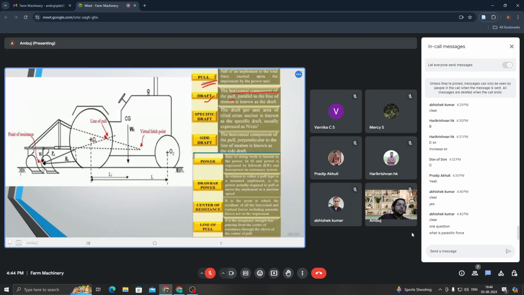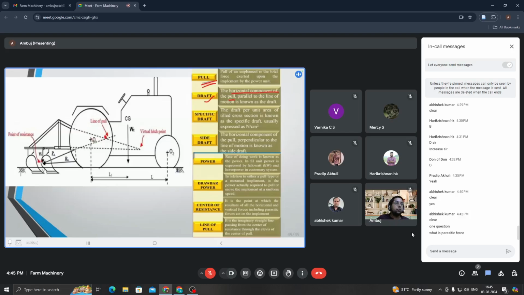Okay, so pull is there. Now some force we are applying onto the soil in order to pull the implement out of the soil. So, in response to our force, some force would be applied by the soil towards us also, towards the implement side also. That force is known as parasitic force. It is always subtracted. I am hopeful that in the theory classes, this concept would be told to you in great detail.